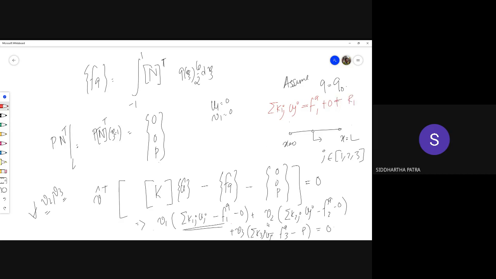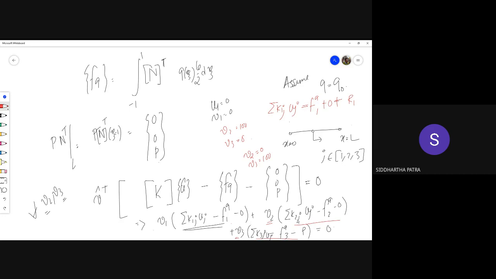And again, you can use the arbitrariness of V2. For example, V2 is 100 and V3 is 0. It's a possibility. Also a condition where V2 equals 0 and V3 equals 100 is also a possibility. So in either condition, this expression must go to 0, that is only possible when the terms that V2 and V3 are multiplying are zeros themselves.